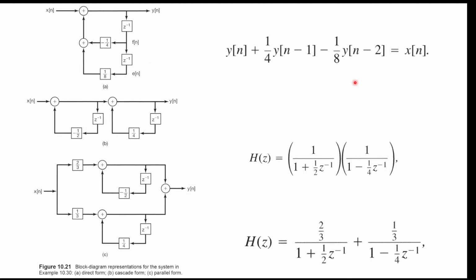And then once again, you can write y of n as x of n plus two different terms. So y of n equals x of n minus 1/4 y of n minus 1 plus 1/8 y of n minus 2.